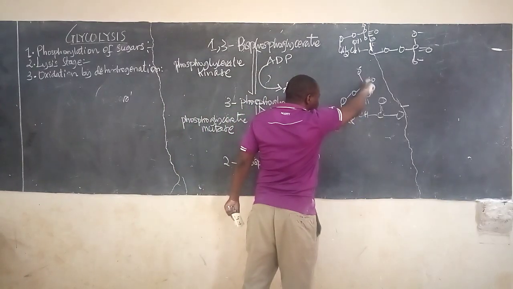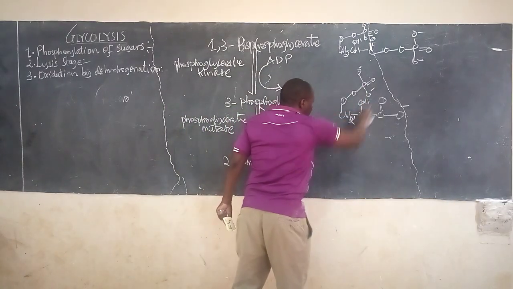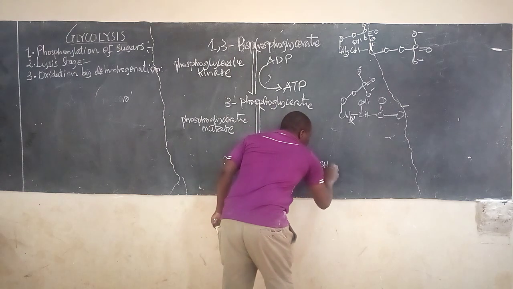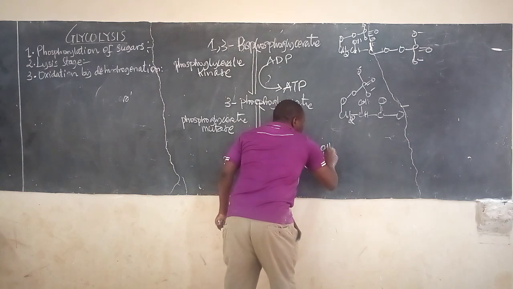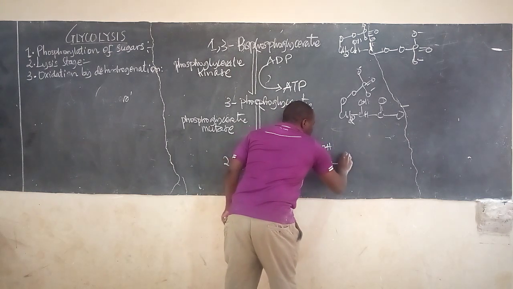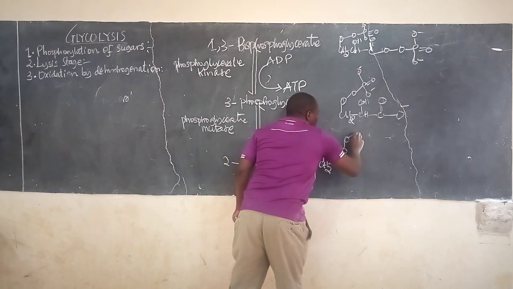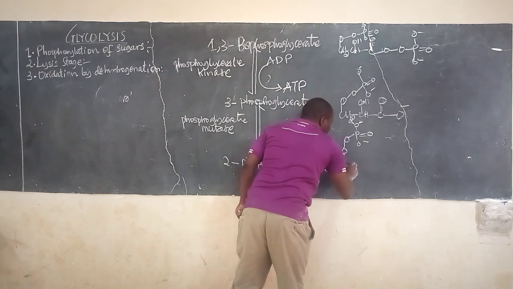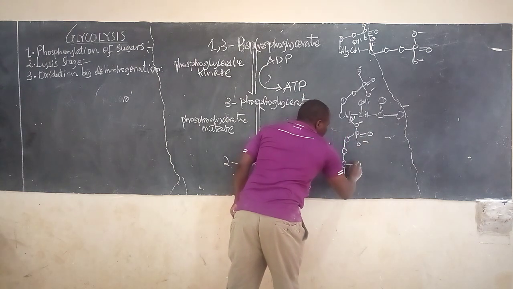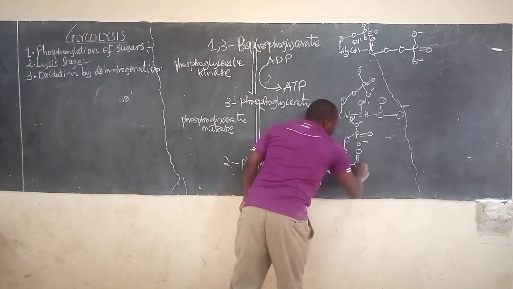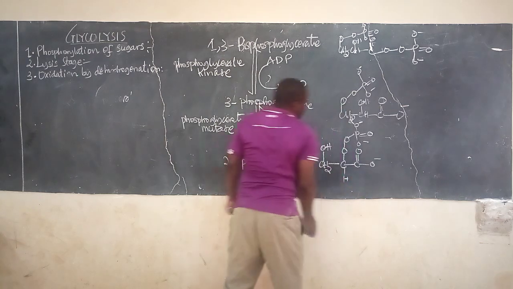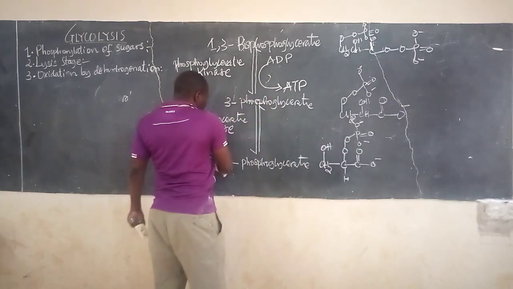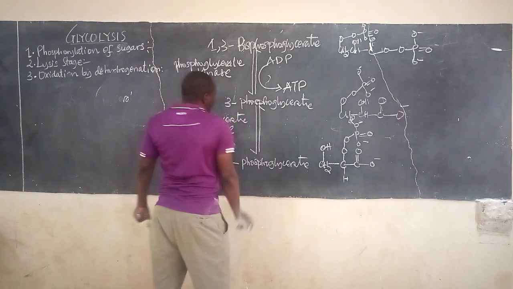We want to change this phosphate to fix it here. So here it's going to be OH, here oxygen, phosphate double bond, negative here, negative, hydrogen here, CH double bond, like this. This is our 2 phosphoglycerate.